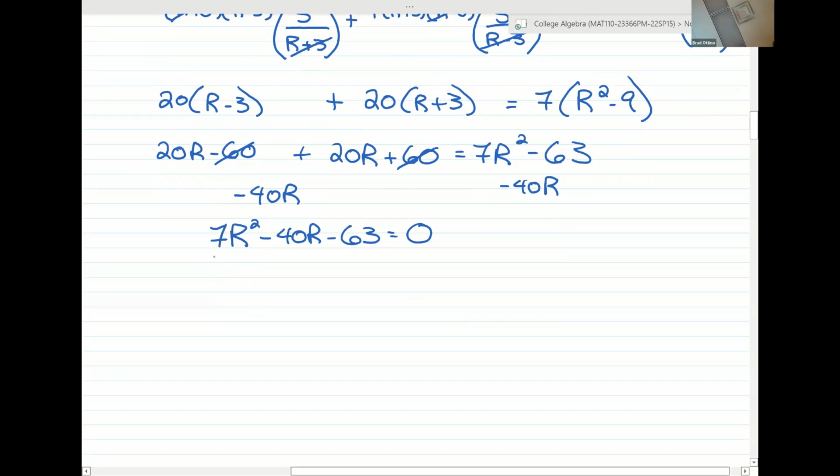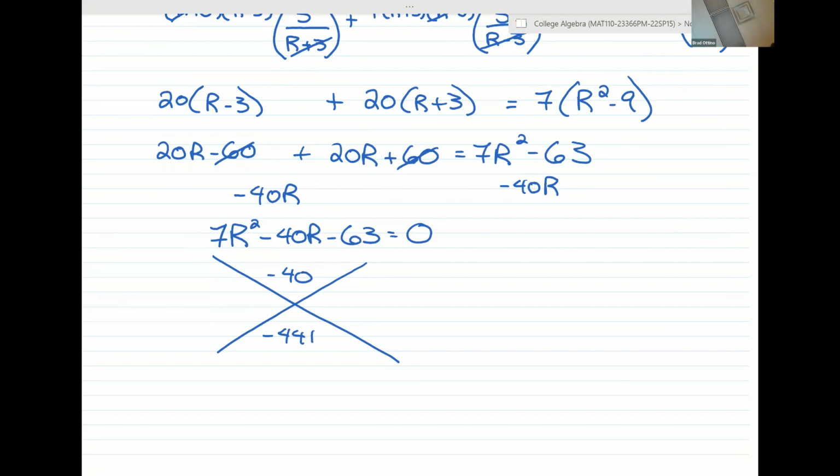If we were to factor, 7 times negative 63 is negative 441. We have factors that have to add up to be negative 40. This is going to be one of those times where it's just going to take a little while to land on those numbers. If you start at 441 and look to see what factors multiply to be that, we get 3 and 147.